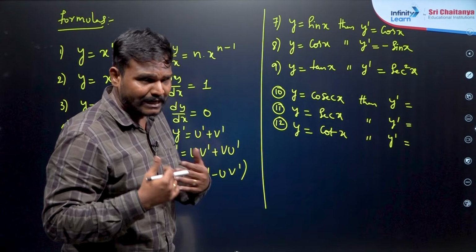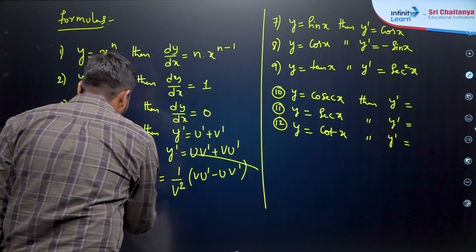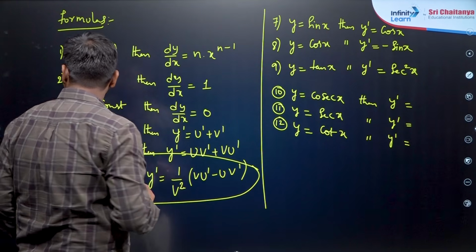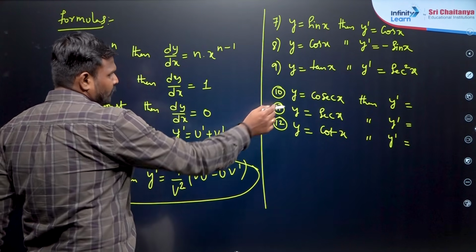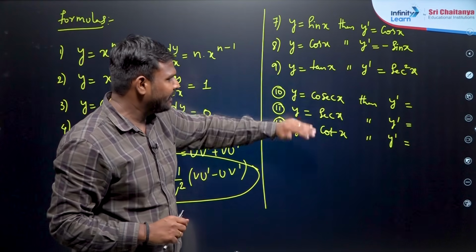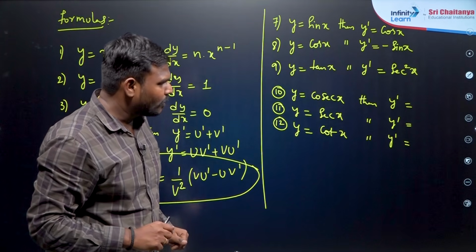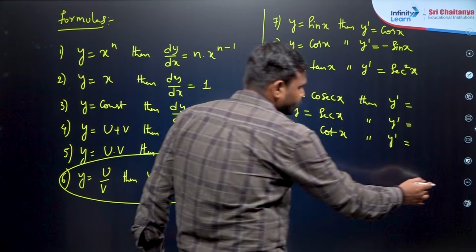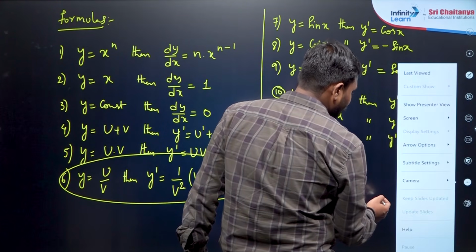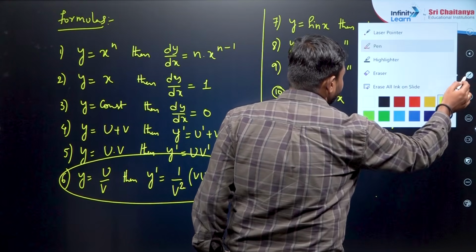How you will find it, I'll also tell you. You have to find using the u into v rule, this rule. Is that clear? Cosecant x we will write as 1 by sine, secant we will write as 1 by cos, cot we will write as 1 by tan. Is that clear? Yes? Okay.